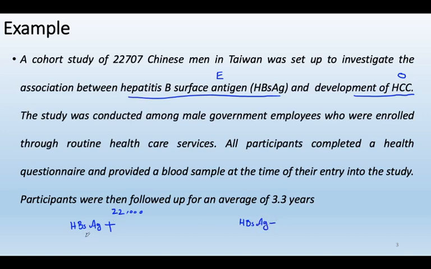Now over a period of time, let's say over here it says 3.3 years. So let's say the study starts at 2001, and so 2001, 2002, 2003. So after, or in midway of 2003, let's say the number of individuals present over here are 15,000. I'm just rounding it off and making up the data easier for you to understand.